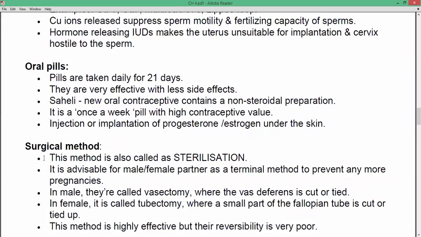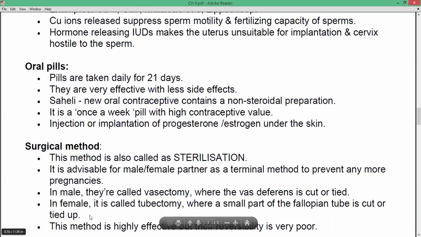This method is also known as sterilization. That is, the particular person is becoming sterile. So how do they become sterile, let's see. It is advisable for the male or female partner as a terminal method to prevent any more pregnancy.